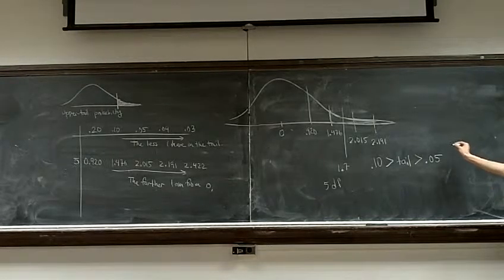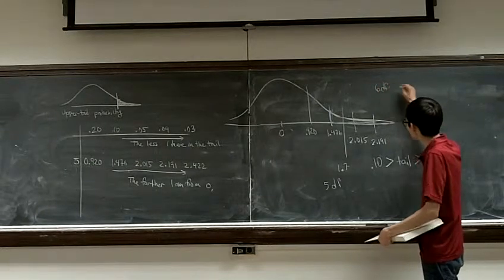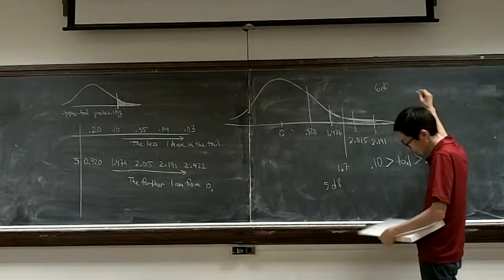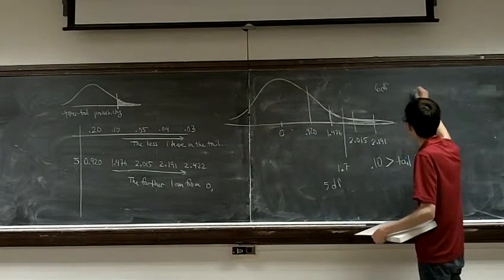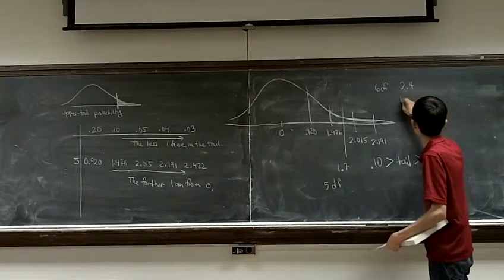Are there questions on that? Just want to make sure we can get this. Okay, so let's just check our understanding. Tell me if I have 6 degrees of freedom and I draw a line at 2.4. How much is in my tail?